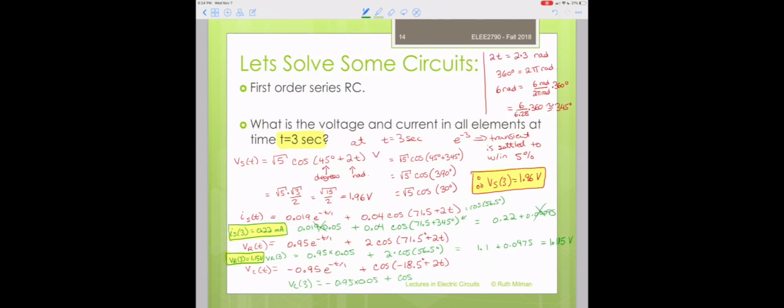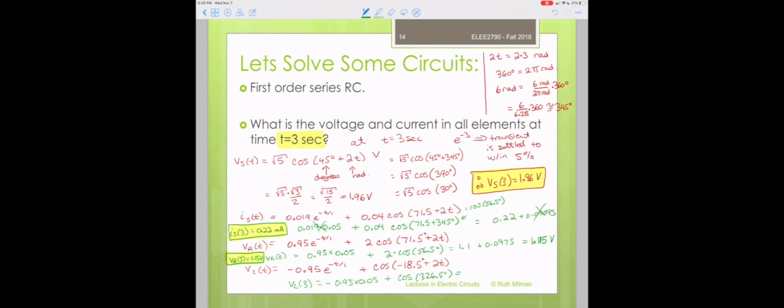So I'm going to take my original number, 345, I'm going to subtract 18.5, that's going to get me 326.5. I'm going to take the cosine of 326.5 degrees, and notice that's multiplied by 1.